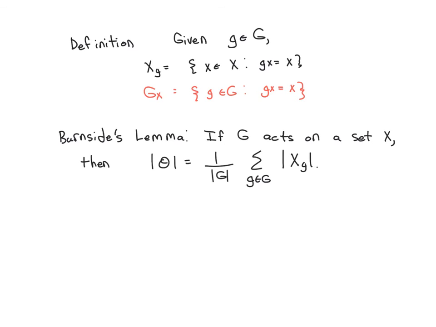If you've taken statistics, this is what you would call the average number of fixed points. So the number of orbits is the average number of fixed points. And as we'll see in later videos, this is a useful formula for solving certain types of counting problems, because you're counting these equivalence classes, and this gives you a way to do it.